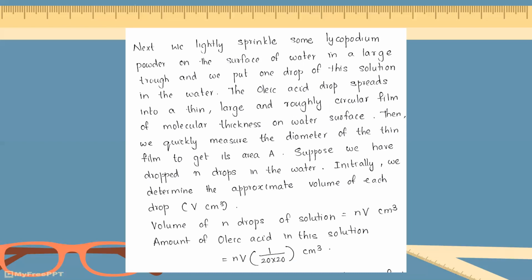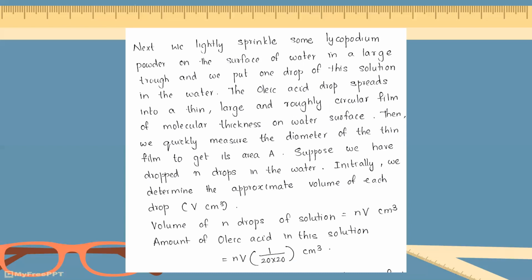The thickness of that circular film will be equal to the size of a molecule. The thickness of the layer, that is called a film, is equal to the size of the molecule. If you find the thickness of that layer, that is nothing but the size of the molecule.